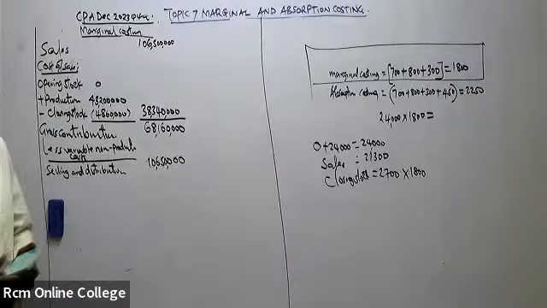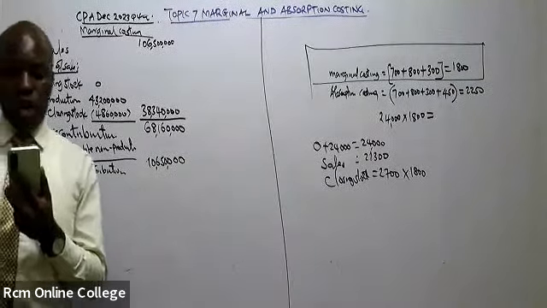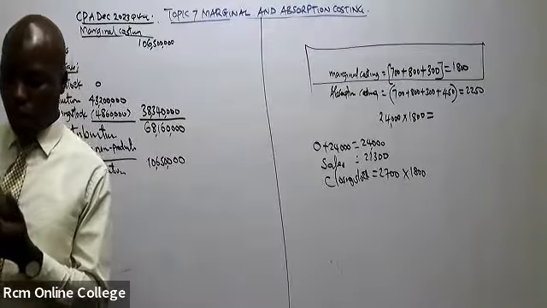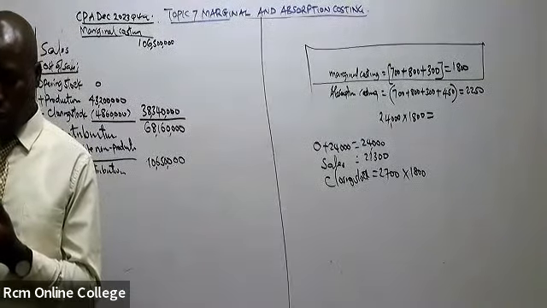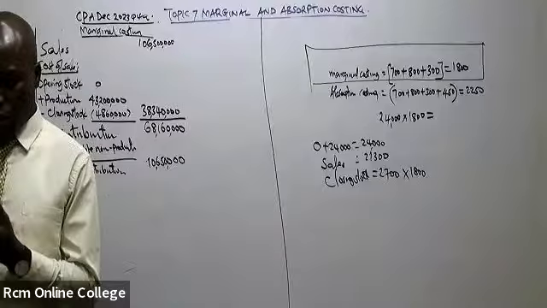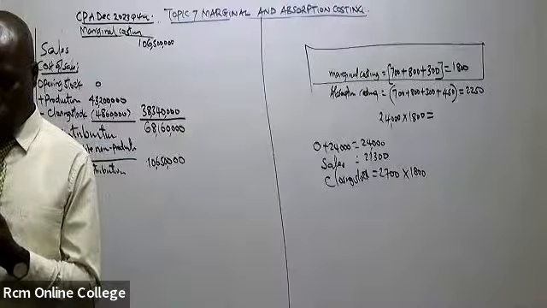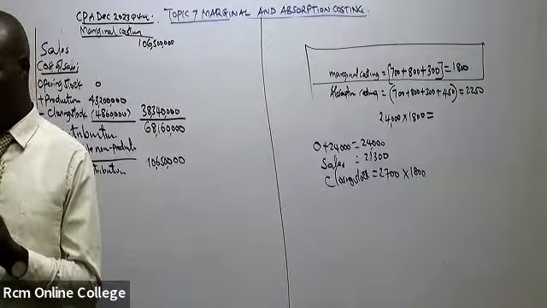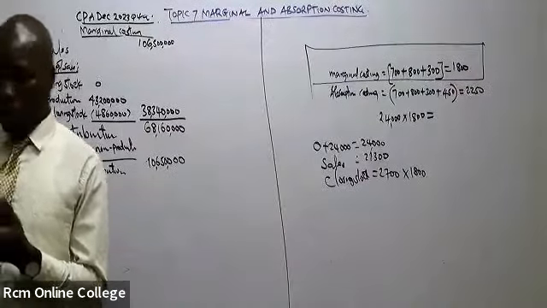That is 10,650. Good. Then, do we have any other variable non-production cost? We don't have. That is the only variable non-production cost.